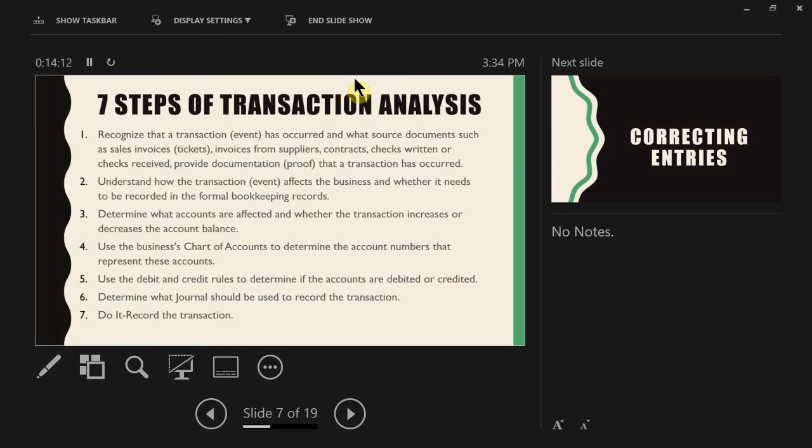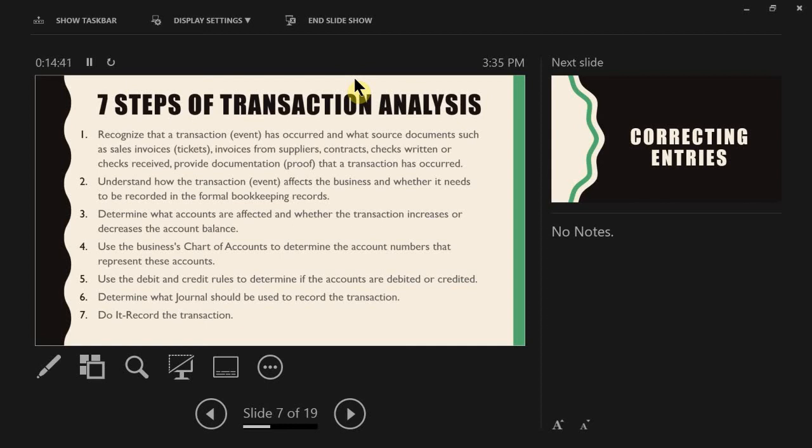Then step number 4 is to use your business chart of accounts to see if those accounts even exist. Do I have an account for supplies? Do I have an account for cash? In this case, I'll just say, yes, I do. And for step number 5, you determine or use the debit and credit system.